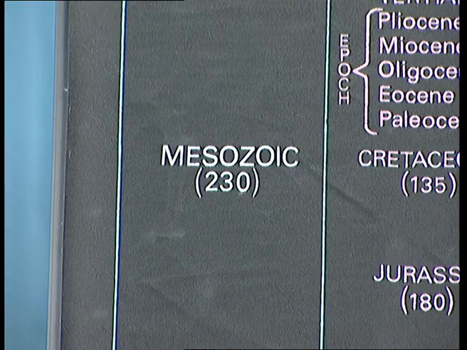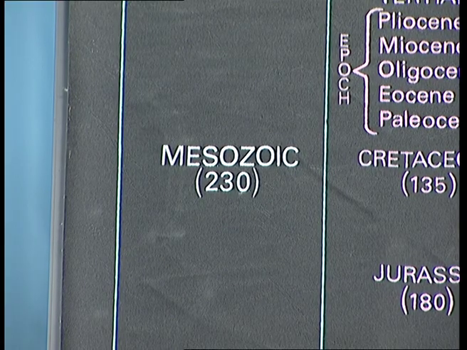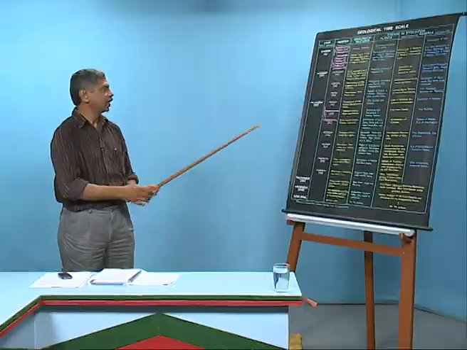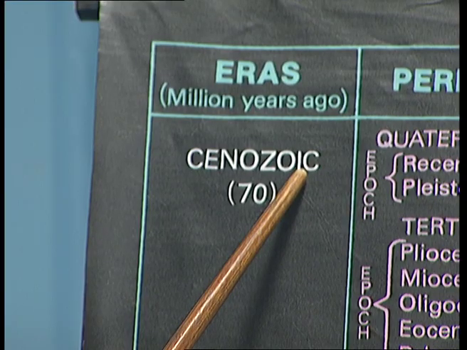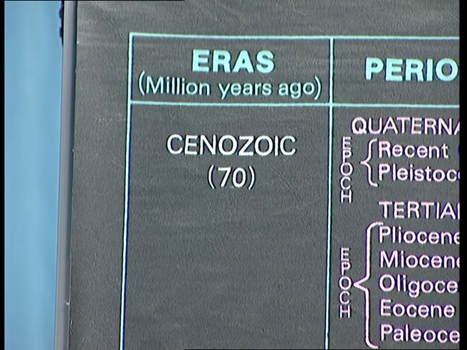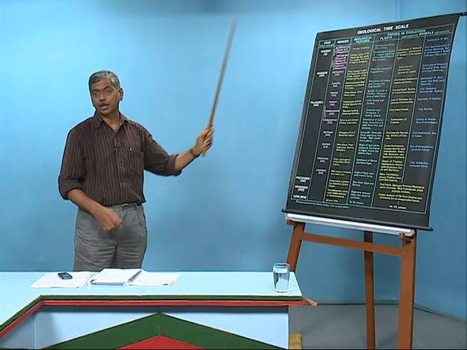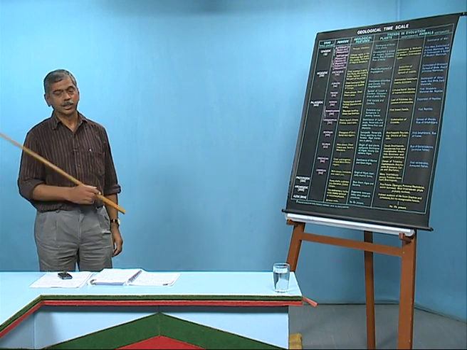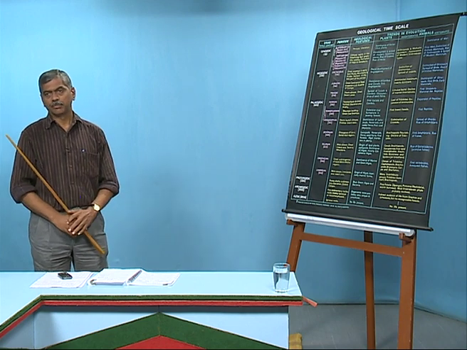Then the Mesozoic was followed by the tertiaries. Tertiary was also called as Cenozoic or Cainozoic. During Cenozoic or Cainozoic era, the recent fossils were recorded. All the recent species were recorded as fossils during the Cenozoic or Cainozoic or Tertiary era, and the last one was the Quaternary. The Quaternary is called as Psychozoic era.